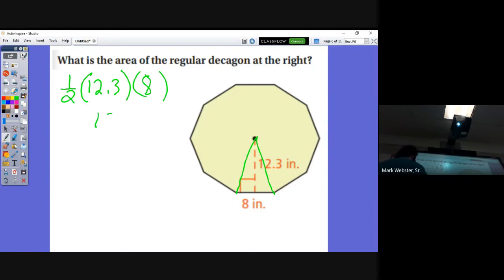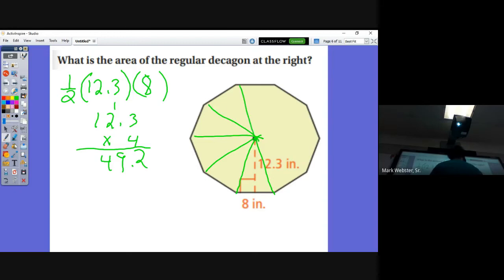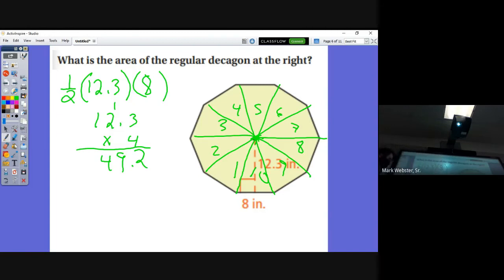So what is 12.3 times 4? That's the area of one triangle. Okay, and then how many are there? There's 10 triangles, so just times 10.